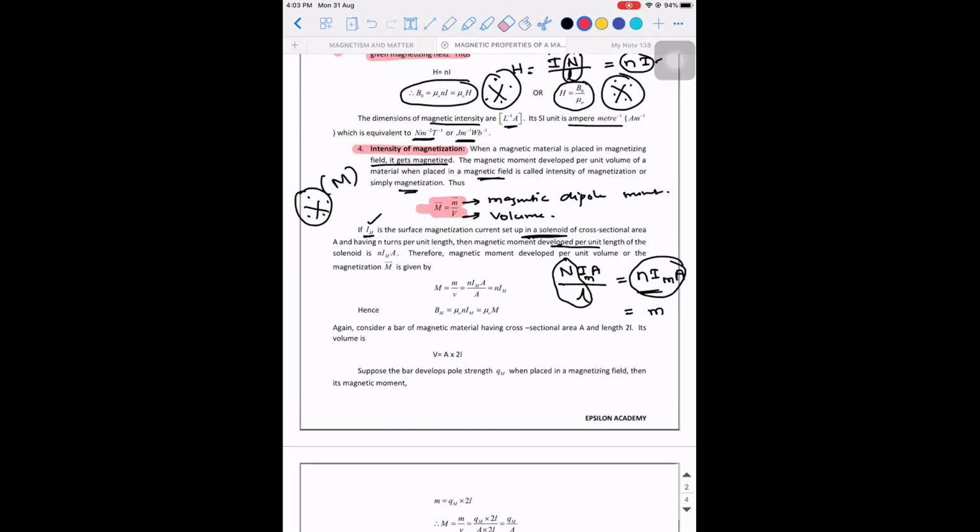Is it magnetic dipole moment? Magnetic dipole moment is only n into I into A. But what have you written? You wrote it as small n into I into A. It means it is a magnetic dipole moment per unit length. It is per unit length. So don't get confused. When you're writing small m, it is capital N. When you're writing m by L, it is small m.